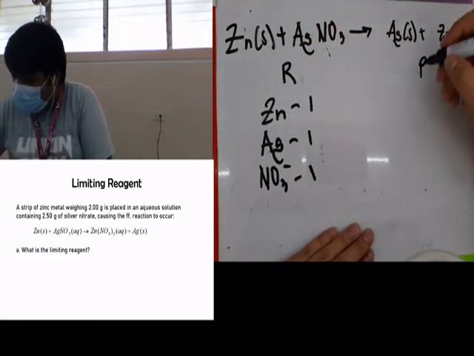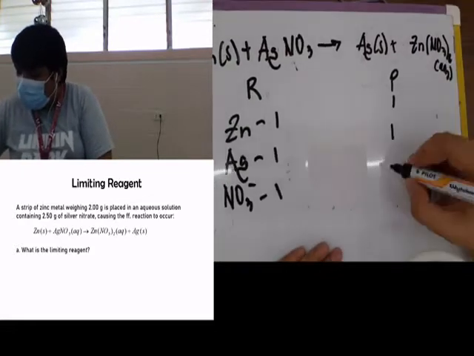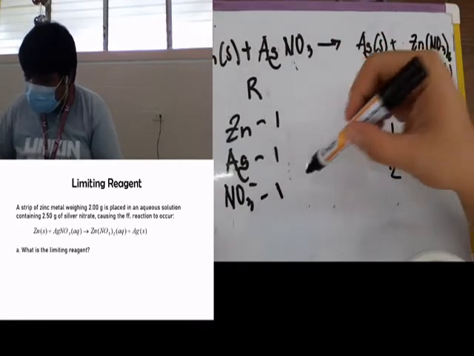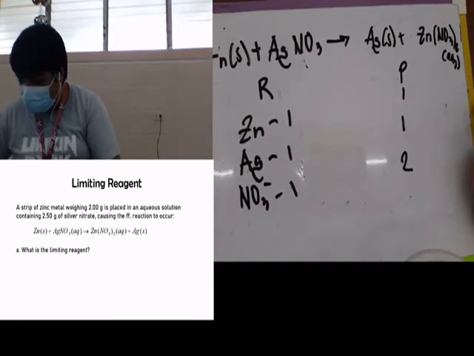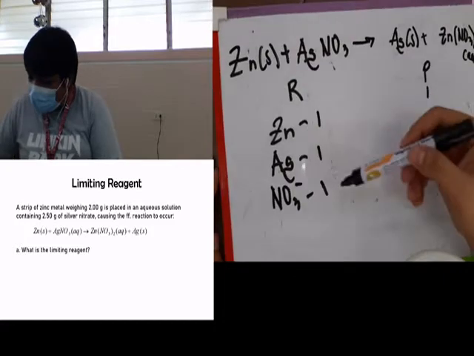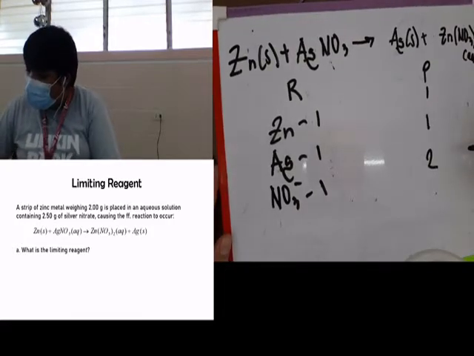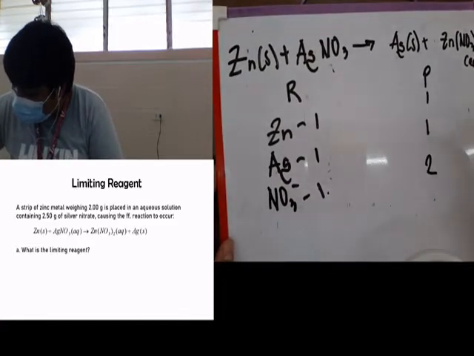Same goes here, 1, 1, but nitrate, since it has a subscript of 2, we have coefficient 2. Among the ions, you find which is not balanced. It's nitrate that is not balanced. So you balance by multiplying it with a certain coefficient. Since it is 1 here and 2 there, you multiply this by 2.